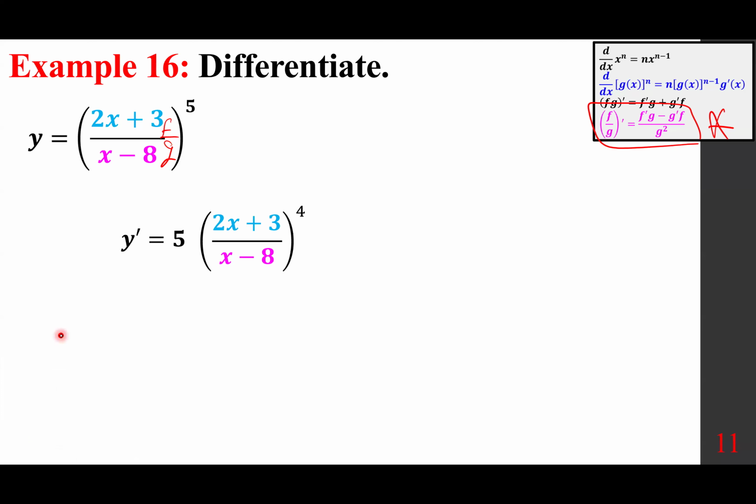So it's a combination of a chain rule and a quotient rule. The derivative of the top is 2 times the bottom, x - 8, minus the derivative of the bottom, which is just 1, times 2x + 3, the numerator, and then you put the denominator and square it, (x - 8) squared.